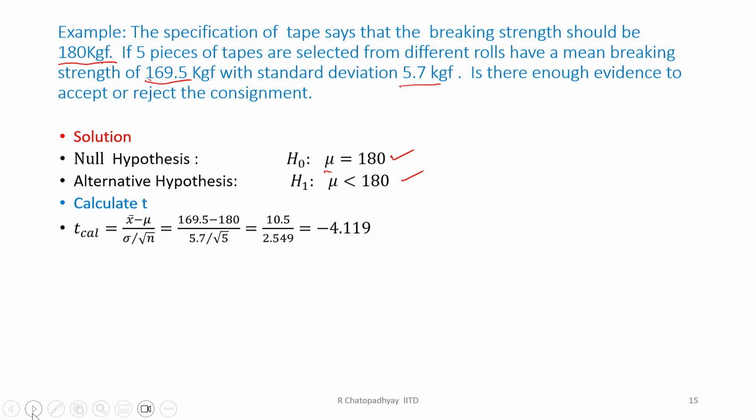So the T value is going to be this. This would be S. It is going to be minus 4.119.